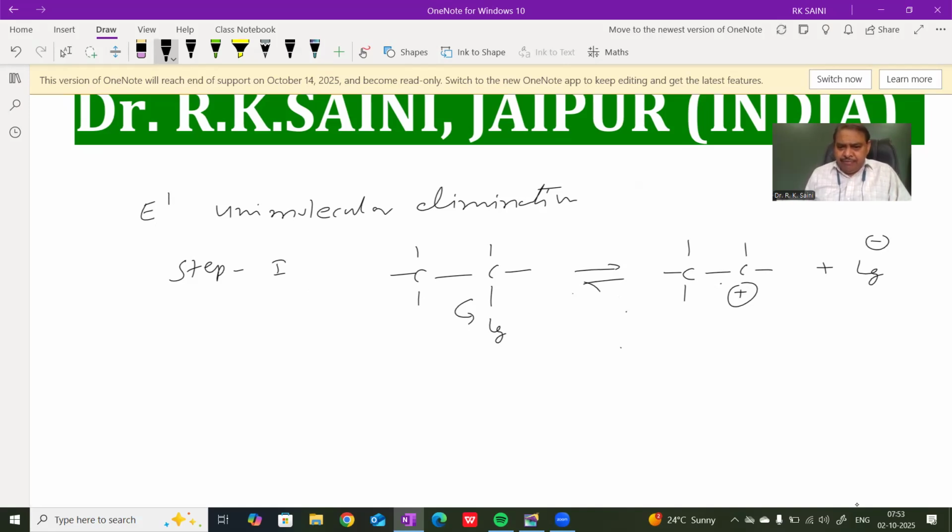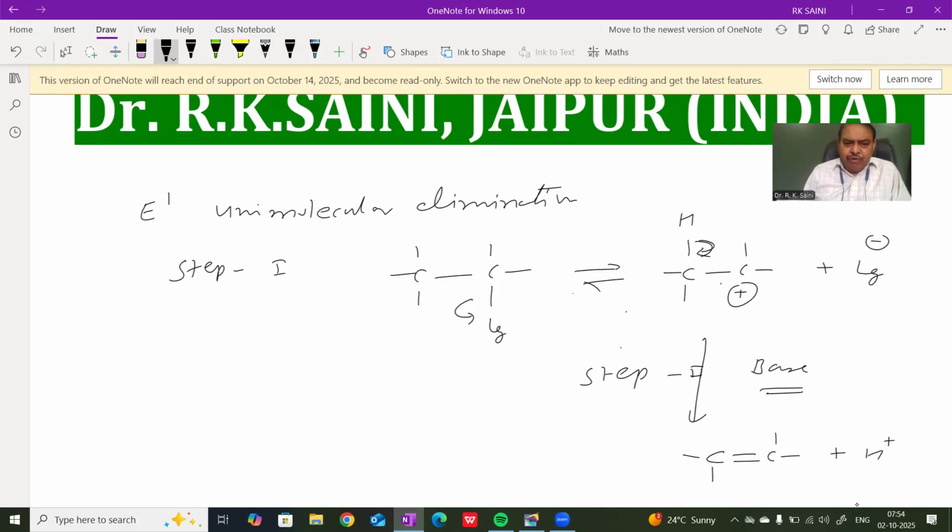And in step second, deprotonation takes place. Therefore, we add a base by which deprotonation takes place, and hence the carbonium ion changes into a stable alkene.